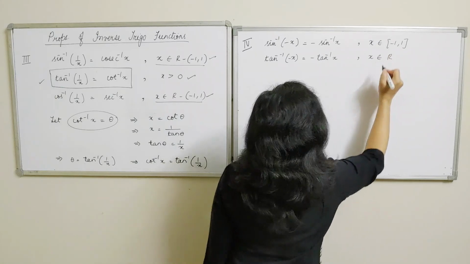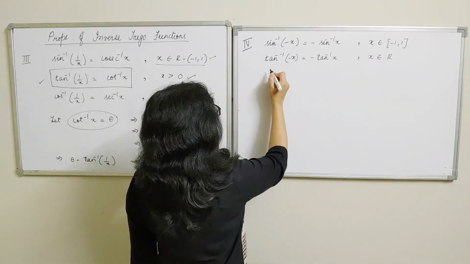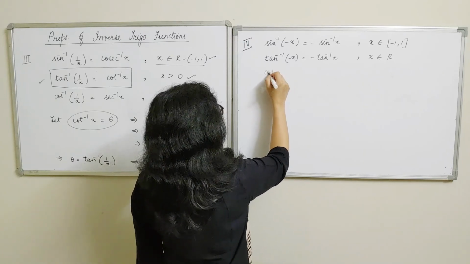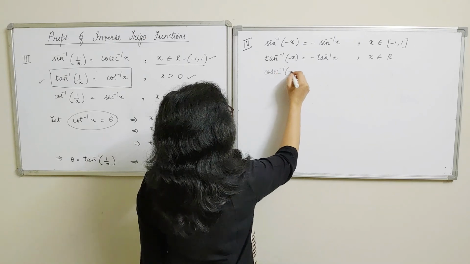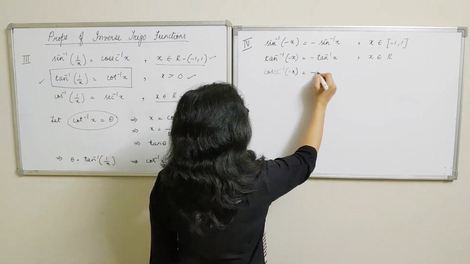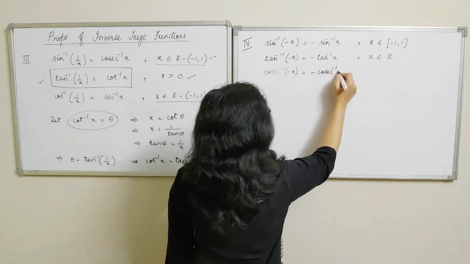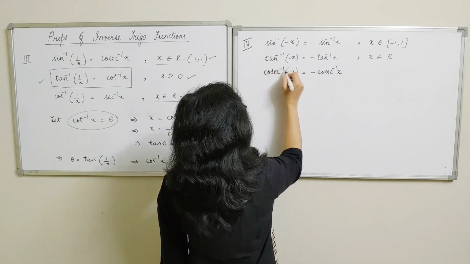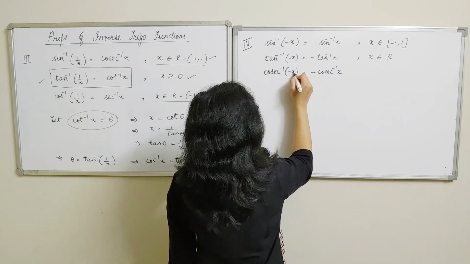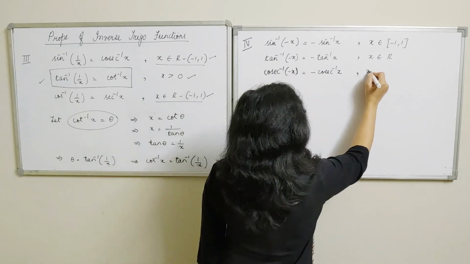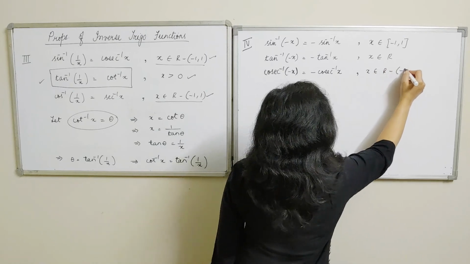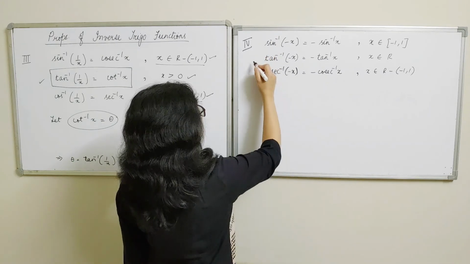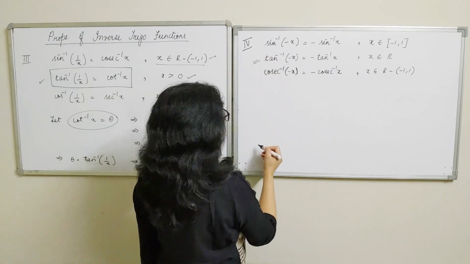X belongs to R. So here we have cosec inverse minus x is minus cosec inverse x. So here x belongs to this interval. So out of these three, let's prove any one. So let us prove this one.